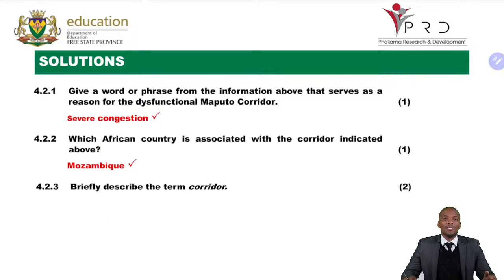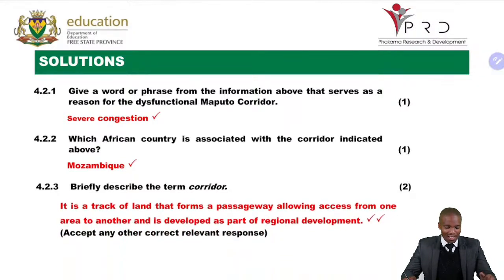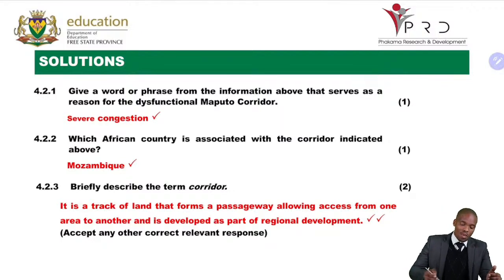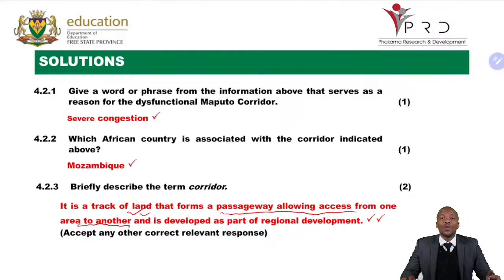Let's look at the next question, which says, briefly describe the term corridor. Okay, your answers. It's a tract of land that forms as a passageway allowing access from one area to another and is developed as part of regional development. Or if you just said a corridor refers to a passageway allowing access from one area to another, up until there, you still get your 2 marks.